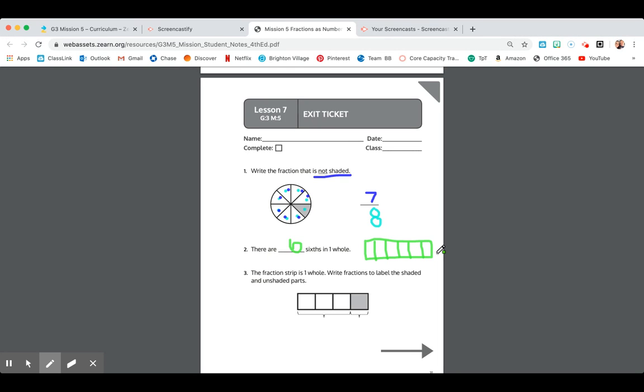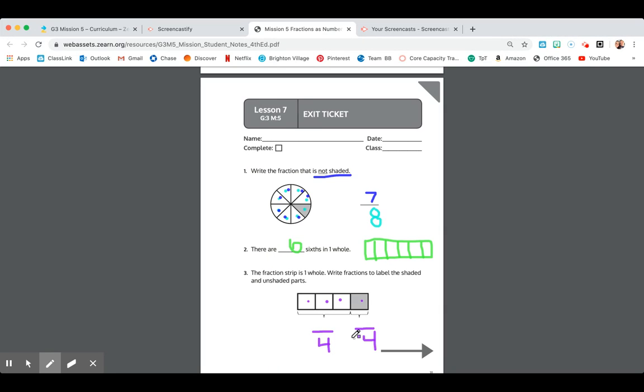Write fractions to label the shaded and unshaded parts. How many equal parts are there? There are 1, 2, 3, 4 equal parts. So I know that both fractions are discussing fourths.